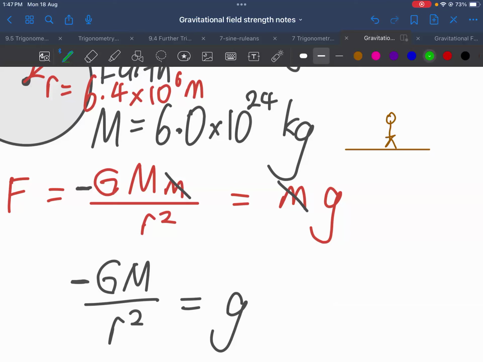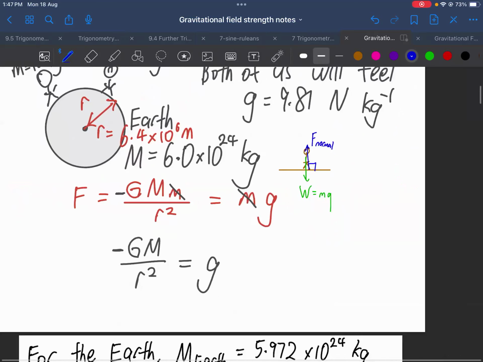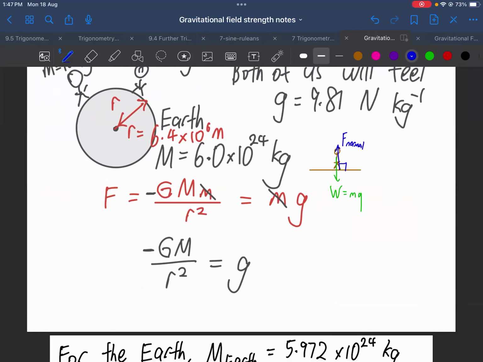We say that there is a weight coming down, W equal to mg, and then there's a normal reaction force from the ground, all right? Still remember W equal to mg? So this is how we derive g equal to negative GM over r squared, all right?